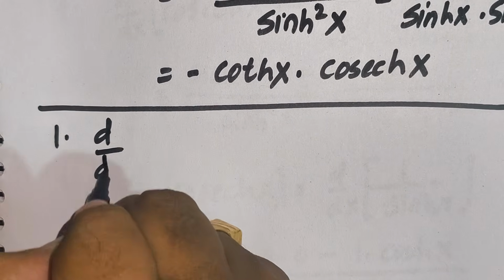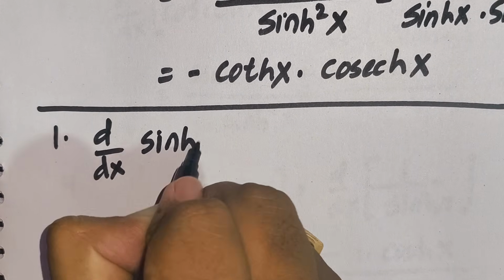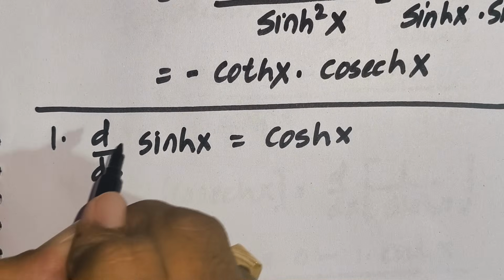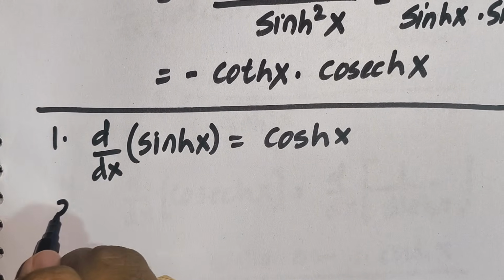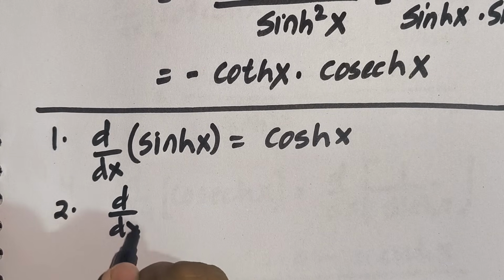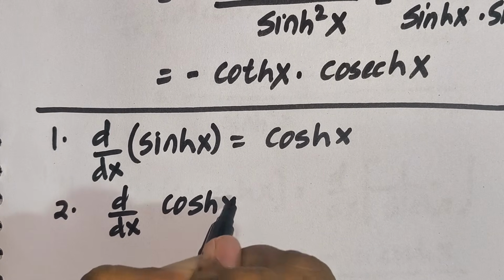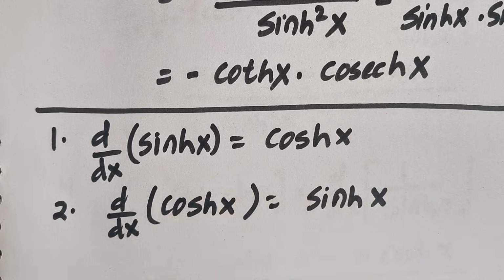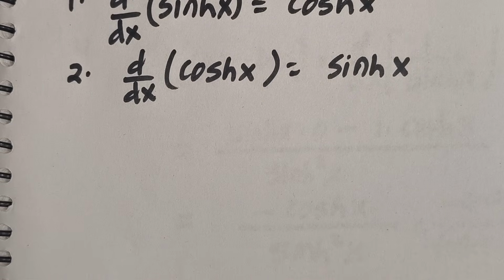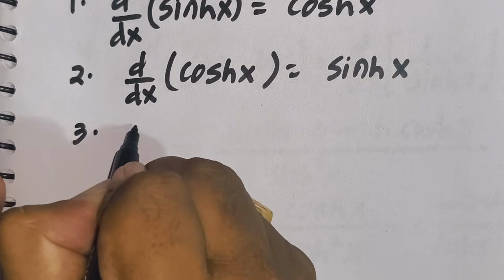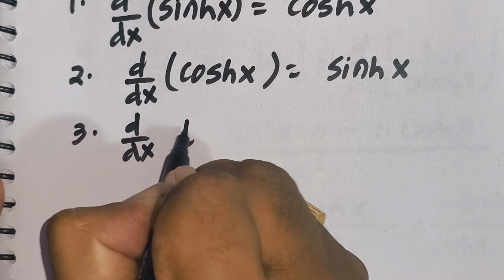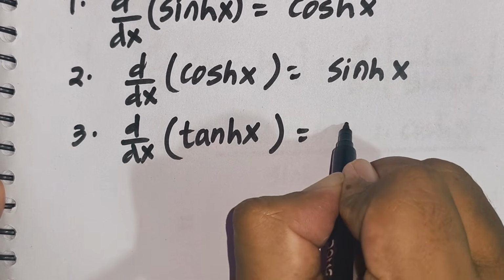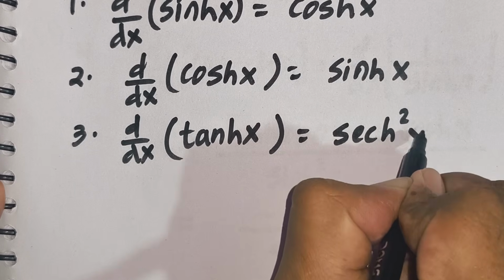So we have the derivative of hyperbolic sine, which is hyperbolic cosine. Derivative of hyperbolic cosine, not negative, only hyperbolic sine. Derivative of hyperbolic tangent is hyperbolic secant square.